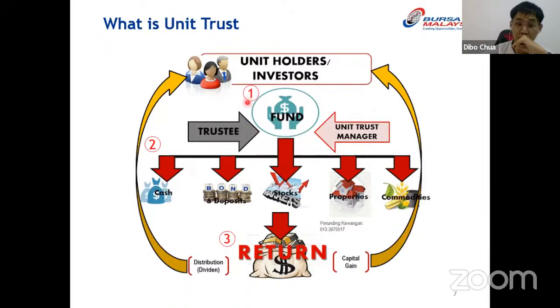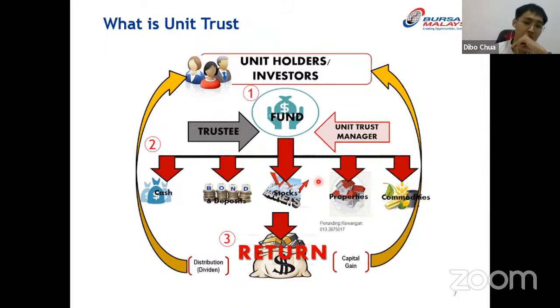The manager then invests it in all kinds of assets, be it cash deposits, stocks, properties, commodities, or anything. It could even be bitcoin, the new asset class, maybe in the future. These are the choices that the asset manager, or unit trust manager, makes with the fund.